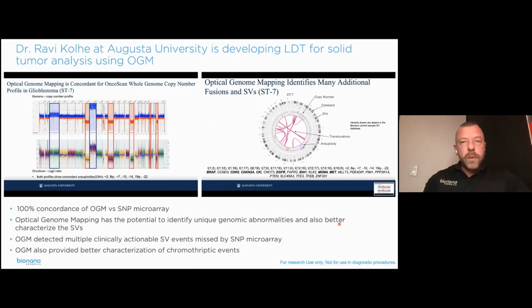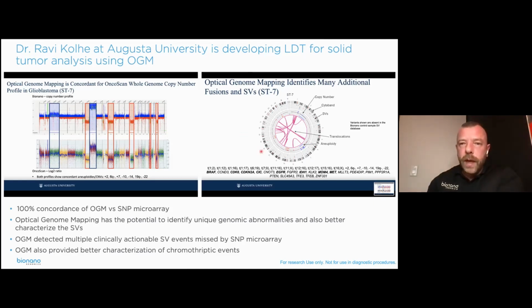Now in solid tumor, Dr. Kohli is also working on an LDT here using optical genome mapping. And in his talk at our symposium meeting, he showed a couple of really interesting results. Here you see a comparison between OncoScan, which is the microarray platform that is somewhat a standard in solid tumor, and the copy number tool with Bionano Sapphire instrument, where you perfectly see the same type of decreases and increases in copy number as you see with the OncoScan.